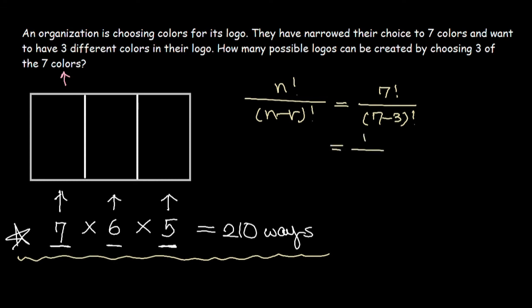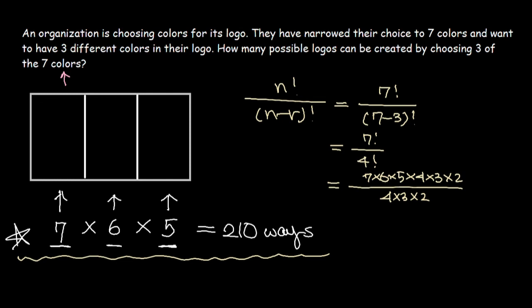This gives you 7 factorial all over 4 factorial, which I'm going to expand here, but you can skip this process: 7 times 6 times 5 and so on, and then 4 times 3 times 2, and so on, which represents the 4 factorial.